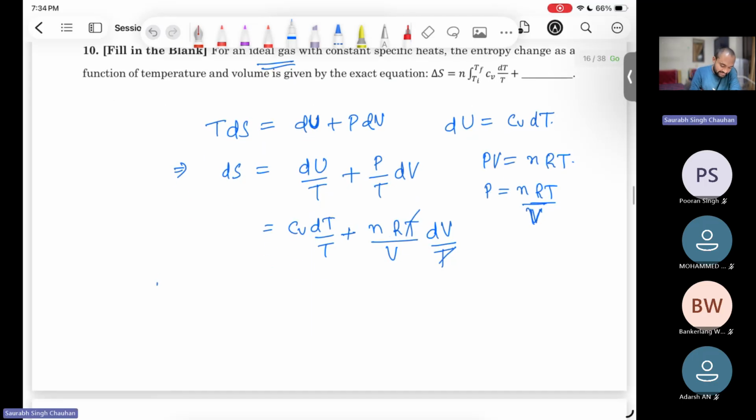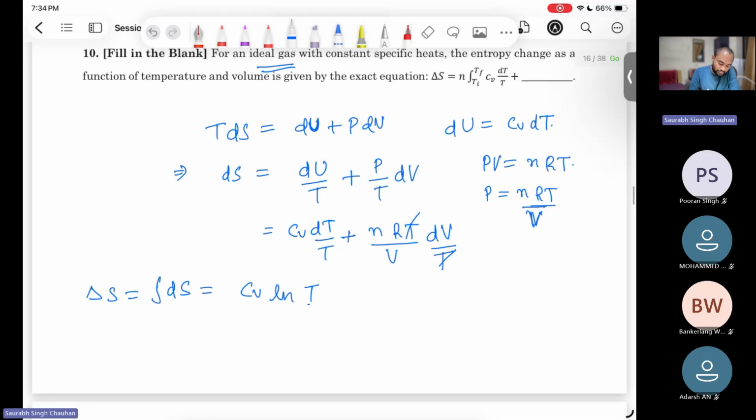If you integrate this, it will become Cv ln T, and the limits will be applied. So ln T2 minus ln T1, right? Plus nR ln.